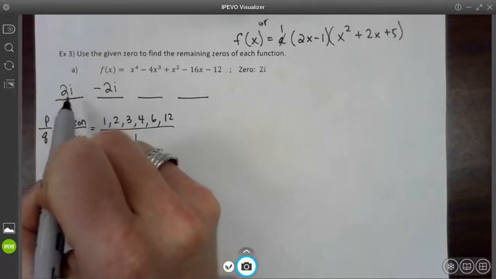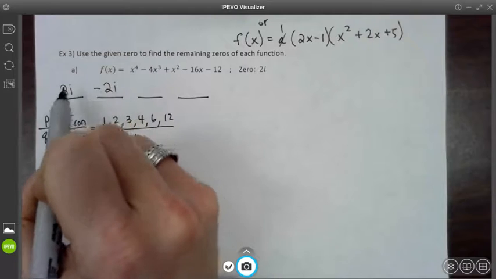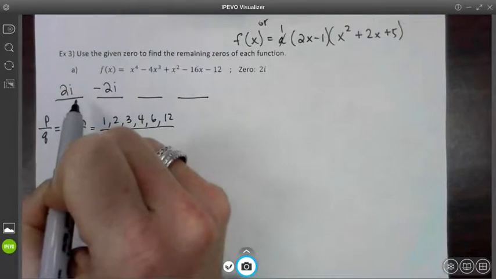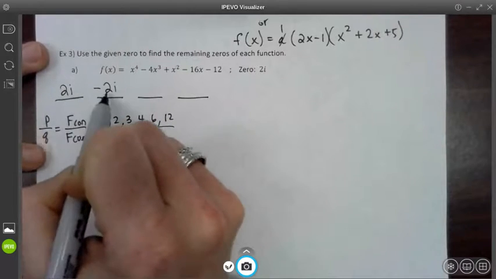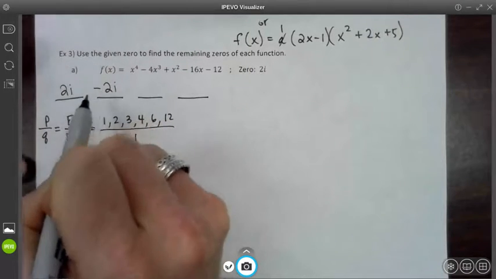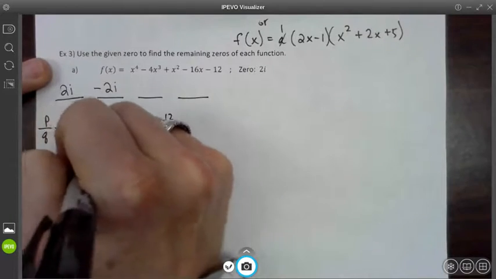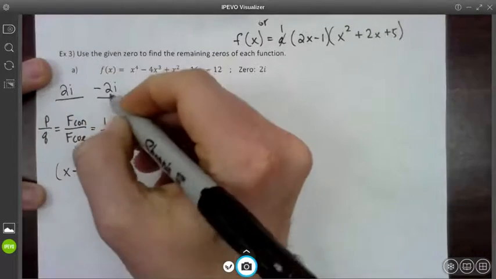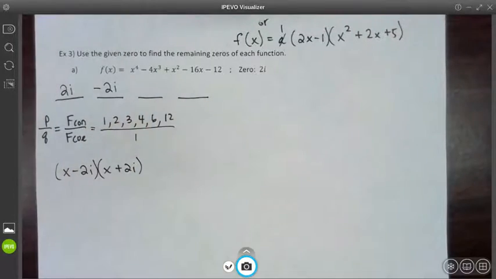These imaginary pairs are always going to give us an irreducible quadratic factor. I'm going to write them as factors, as weird as that looks: x minus 2i, and x plus 2i.